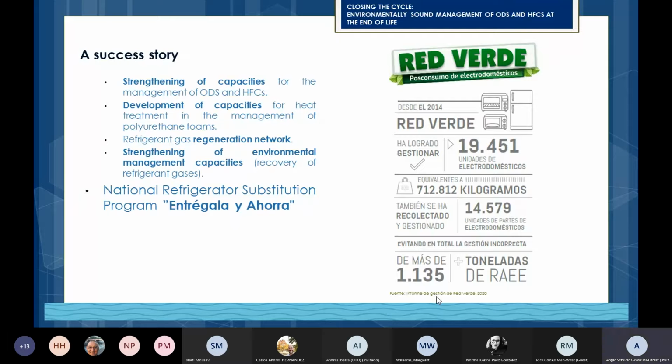This is another important point: even though the big efforts that we have carried out have been successful to a certain point, one of the main challenges we still face is the consolidation of the recovery of the devices that are in the homes. And here we have just, let's say, captured less than 1% of products that are placed out in the market each year.